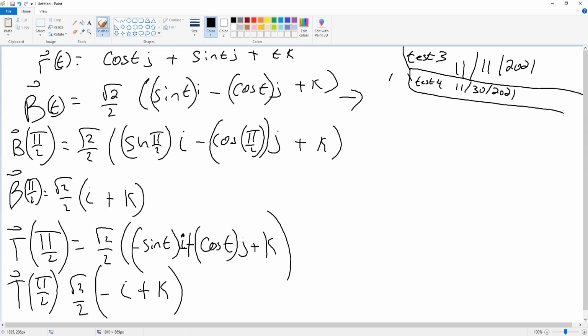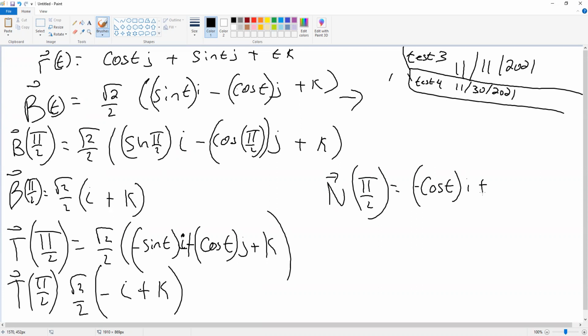Alright, so we're going to have the normal vector of pi over 2, and that should be negative cosine t of i. Negative cosine, okay. And then we have plus, is it minus sine t?